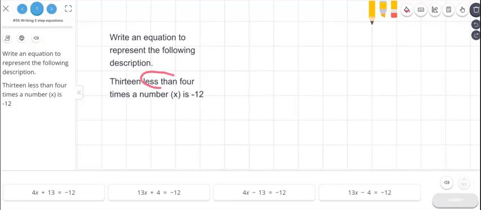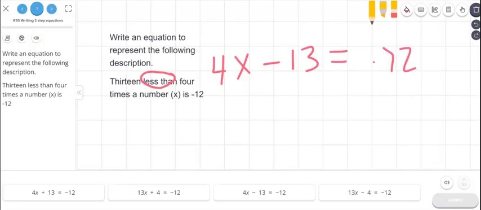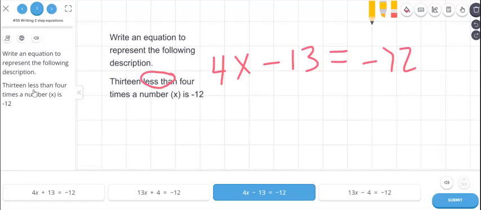That's where you got to put minus 13. And then 4 times the number x, you put that first. 4 times x minus 13 equals negative 12. So let's look for the one that has 4x minus 13 equals negative 12. That one right there.